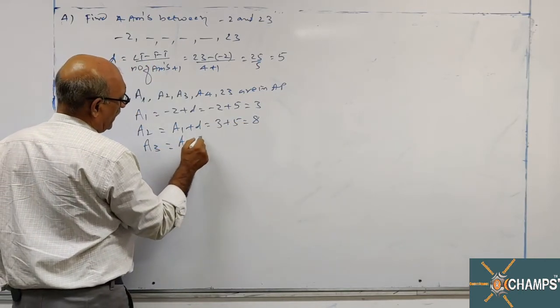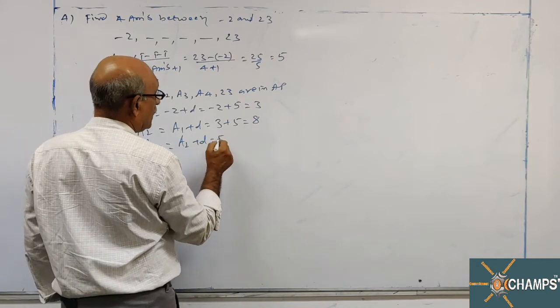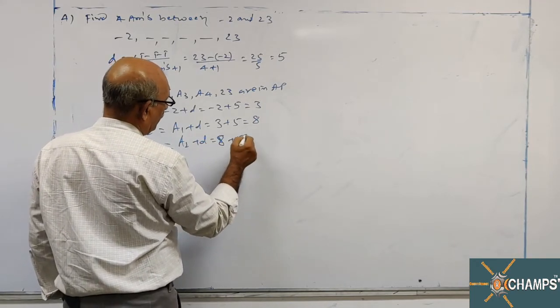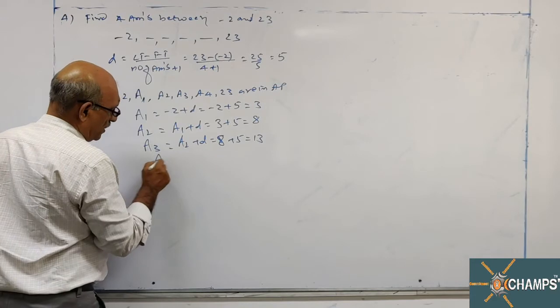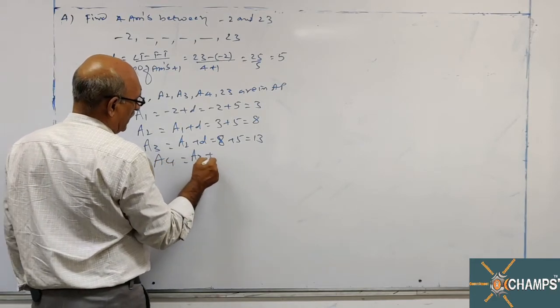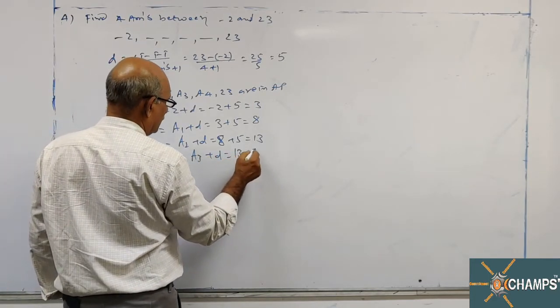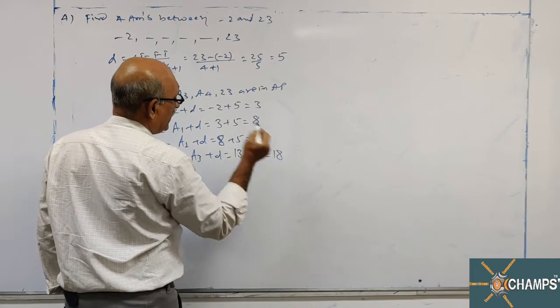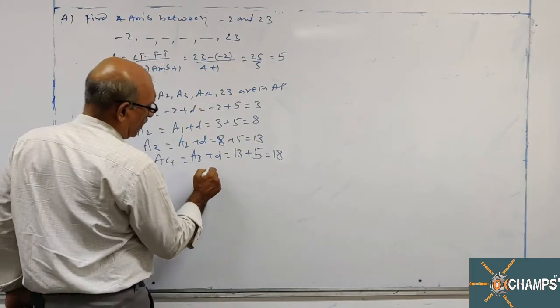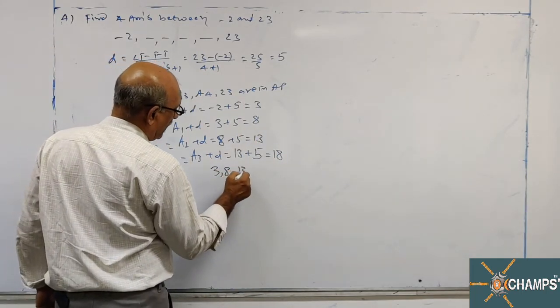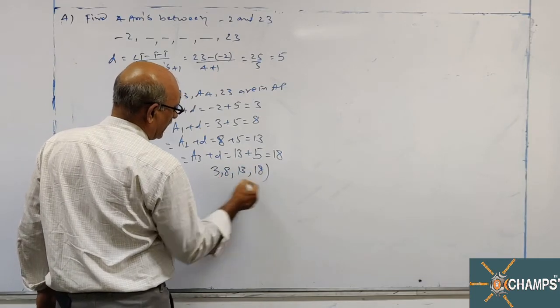A3 is equal to A2 plus D, 8 plus 5, 13. A4 is equal to A3 plus D, 18. So the 4 arithmetic means are 3, 8, 13, 18.